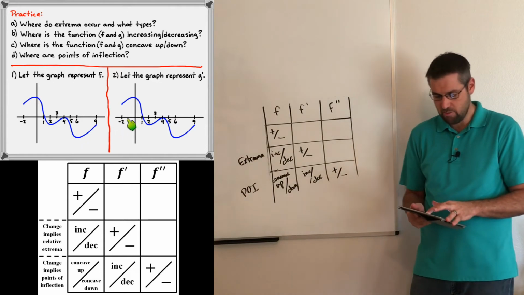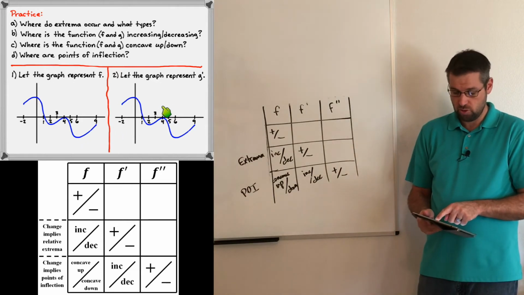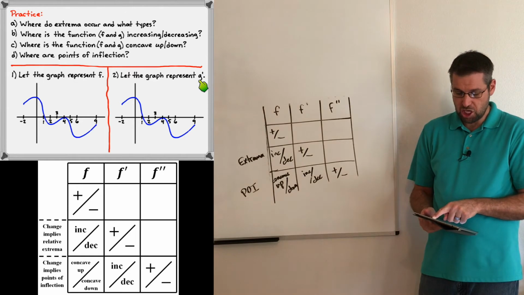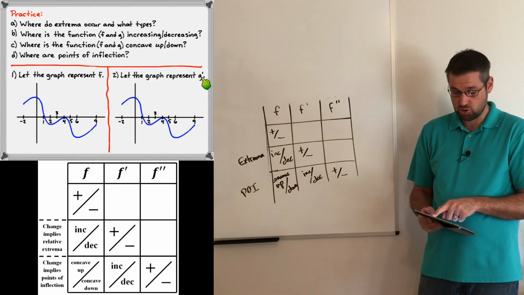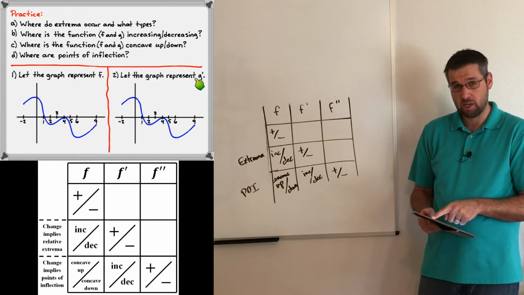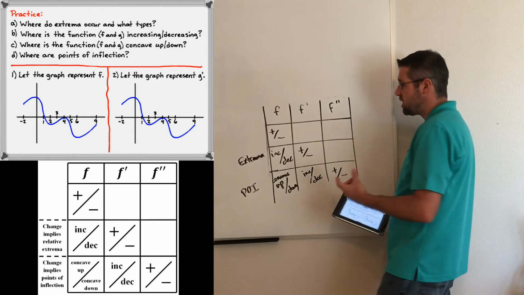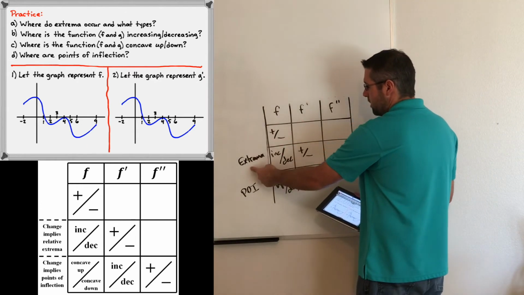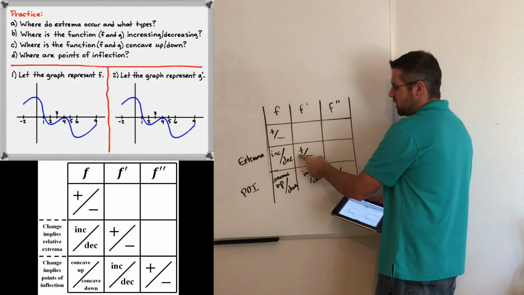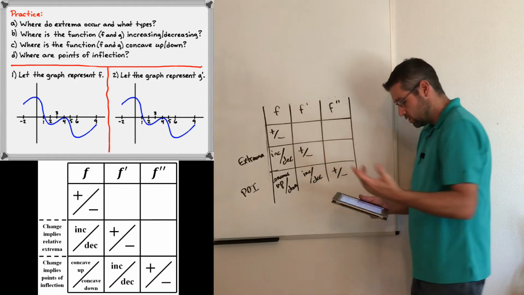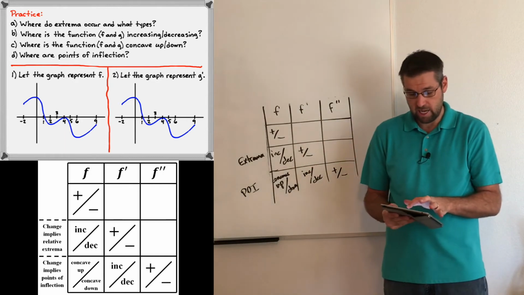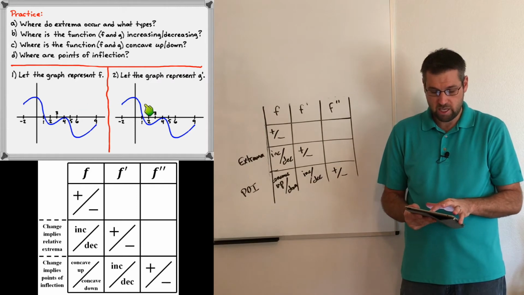But if we answer the same question for number 2, when does g have extrema? We're looking at g prime here. So g has extrema when g prime changes signs. Both of these graphs look exactly the same, but we're looking at different functions.